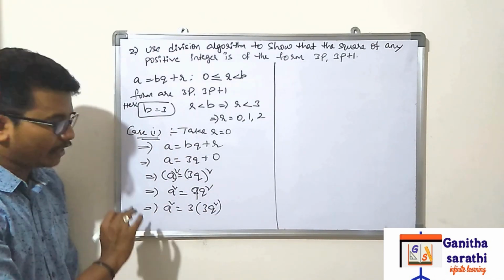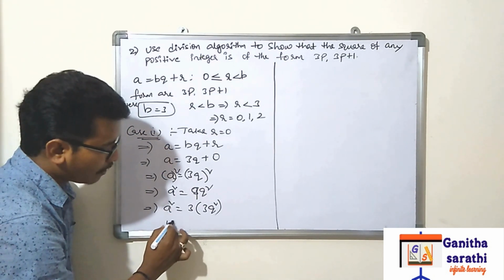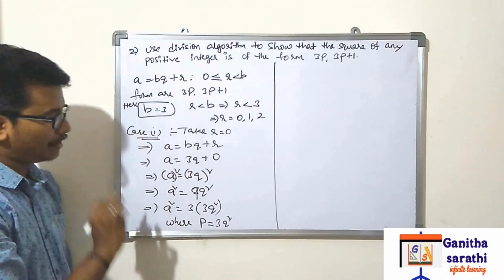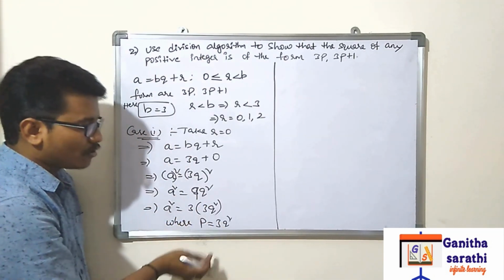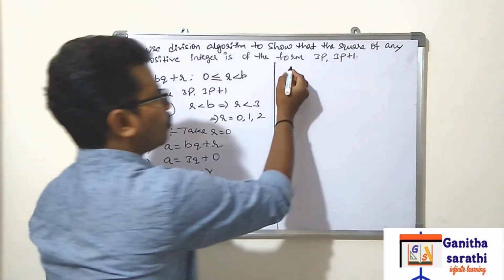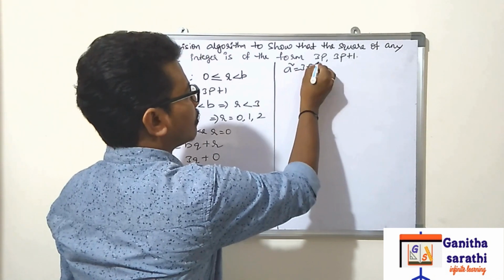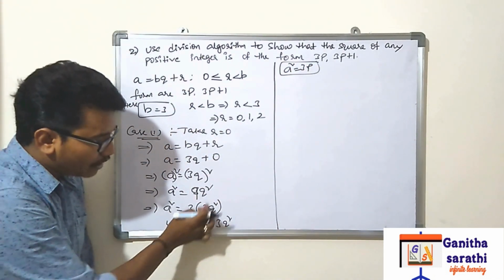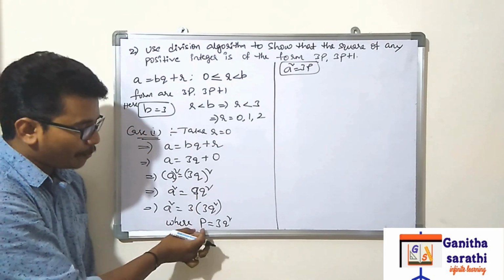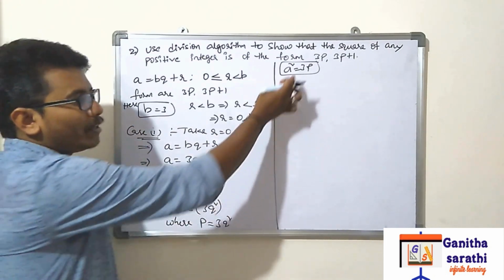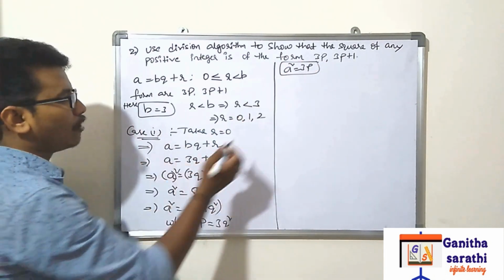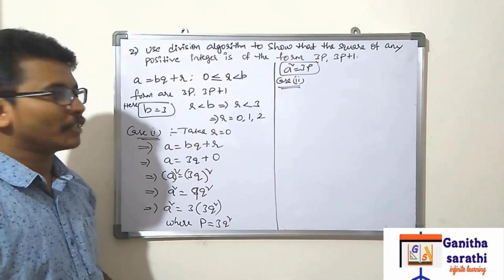Now here I am taking p is equal to 3q square. Why? See, 3 into 3q square, you take 3q square as p. Now a square is equal to 3p. Right, we are converting this value into p. So 3 into p will be 3p. That is in the form, right? 3p. Okay. Now let us move on to case 2. See here.